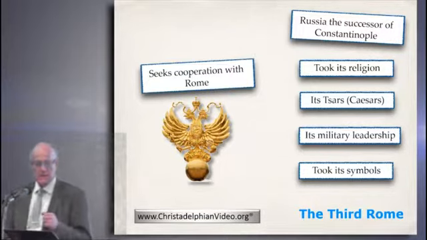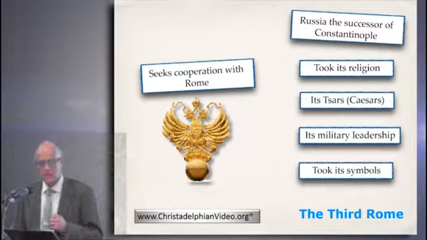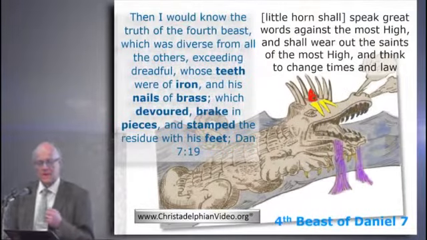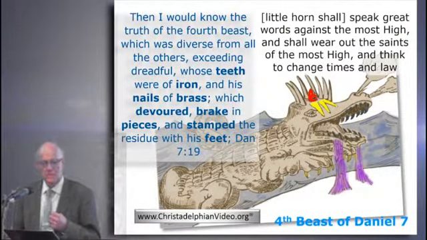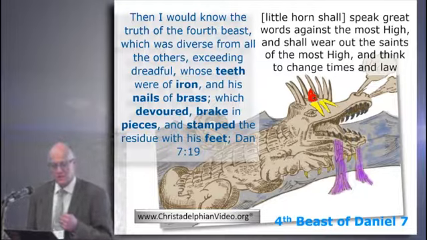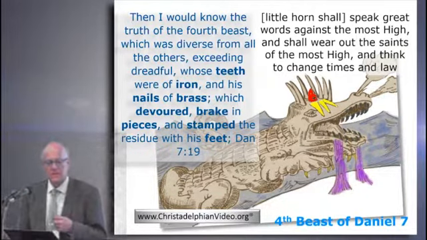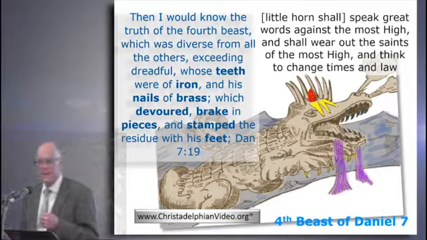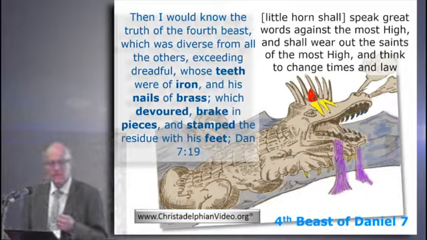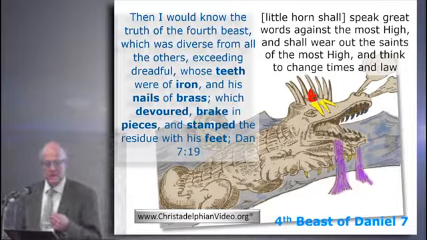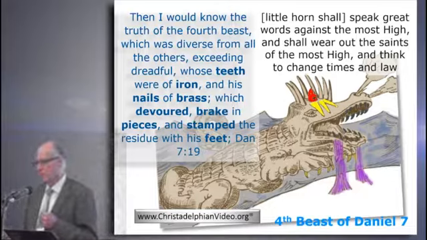So just reminding ourselves of what was spoken in Daniel chapter 7 about the little horn that appeared, the papal system, which was diverse. It described the situation as having teeth which were of iron, nails of brass, which devoured, break in pieces, and stamped the residue with his feet.